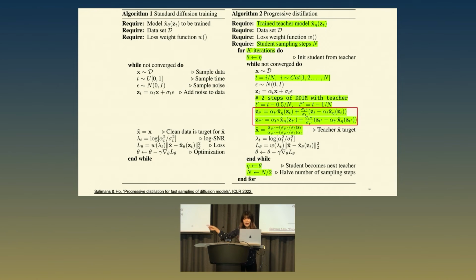But now, the target becomes the teacher model output instead of the ground truth sample or the ground truth noise added to the clean sample. And the training objective is essentially the same. We just use L2 distance between either the predicted noise or the predicted clean sample. And we have a weighting function in front of it, for which we can use our newly proposed weighting functions. And we repeat this process.